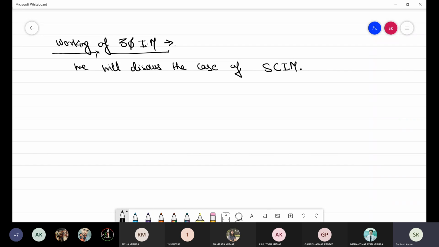So what is the concept behind the starting of the three-phase induction motor that we are just going to discuss? First of all, come here and see the construction. Let's draw the diagram. This is the stator.